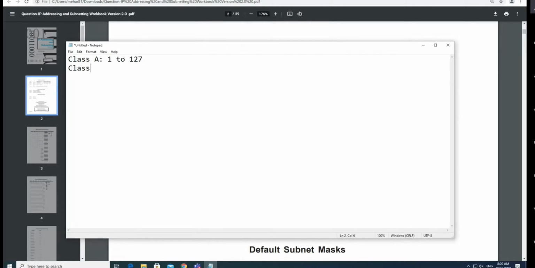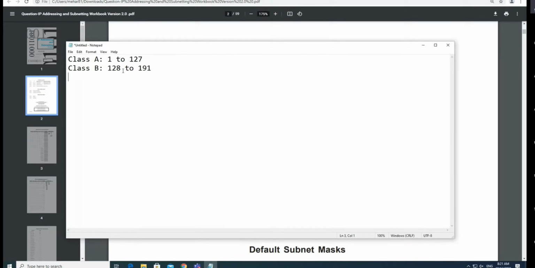Now class B. It will start from 128 and go up to 191.